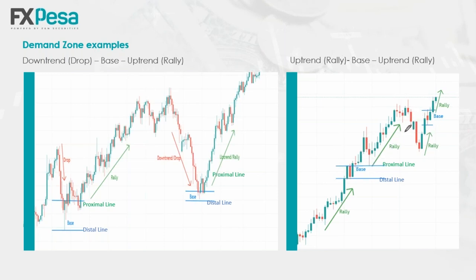So the point that I'm trying to put across is, when you have an uptrend, when you're looking for rally, base, rally, you can try to use higher time frames. For example, you can try to use 4-hourly charts or daily time frame charts, because these three candlesticks on a daily time frame would be marking 3 days.